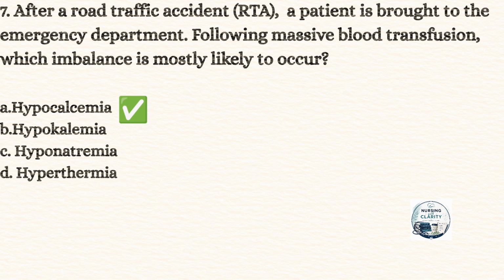Correct answer is option A. Hypocalcemia. During massive transfusion, citrate used as an anticoagulant in stored blood binds to calcium in the recipient's bloodstream. This can lead to hypocalcemia, which may cause muscle twitching, hypotension, or cardiac arrhythmias if not corrected.